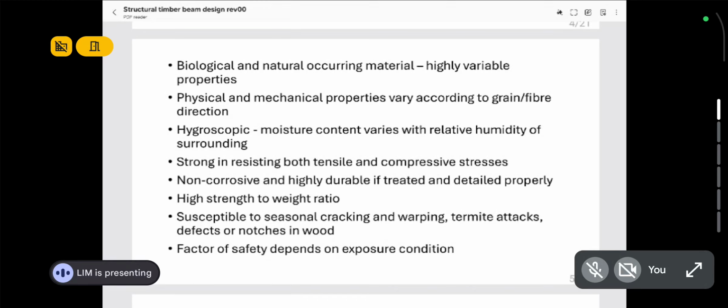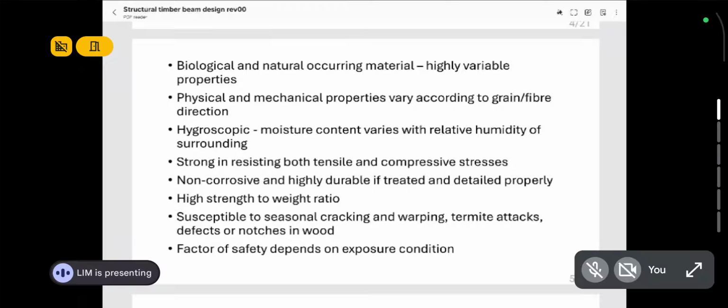Physical and mechanical properties may vary according to the grain fiber direction. The material is hygroscopic, which means the moisture content of the timber varies with the relative humidity of the surroundings. As the surroundings get more humid, moisture content changes.